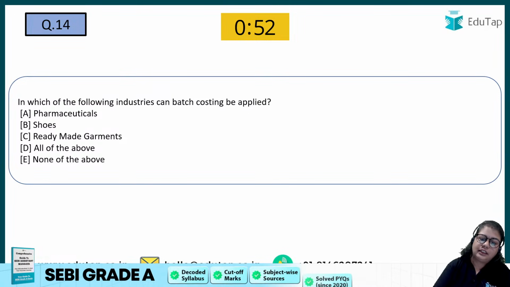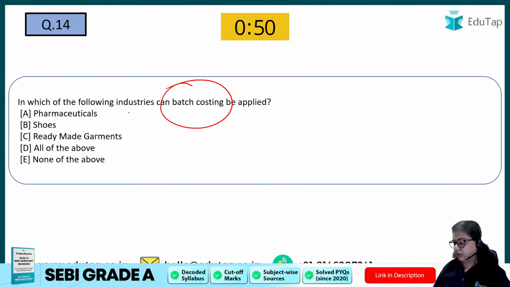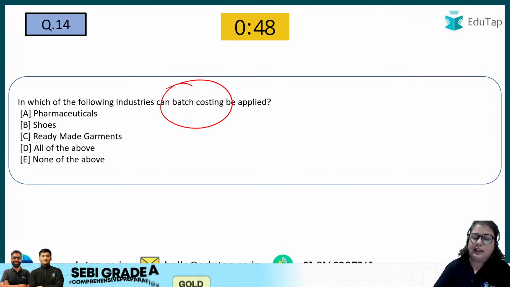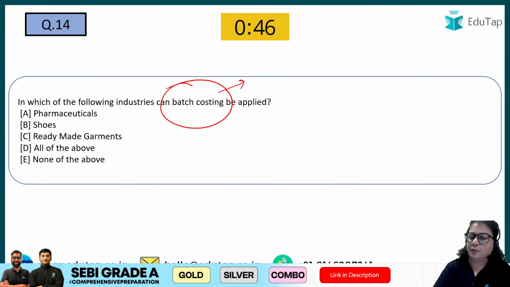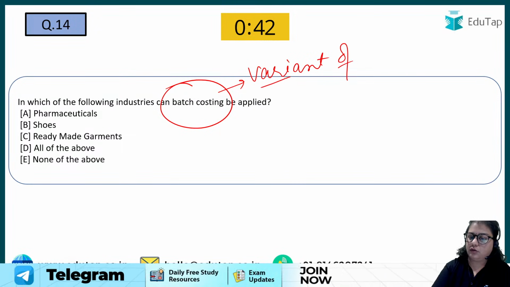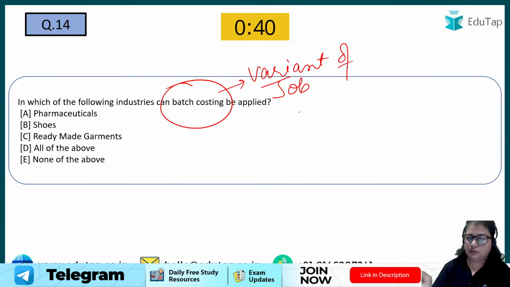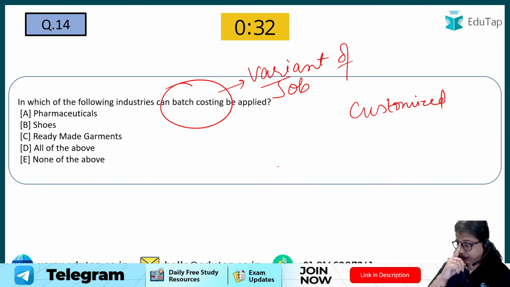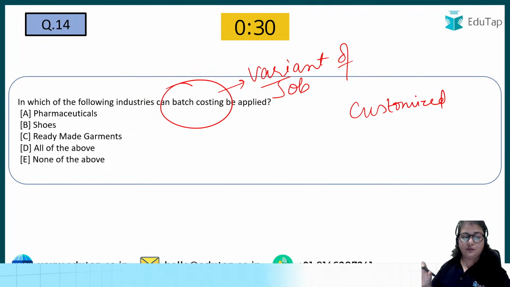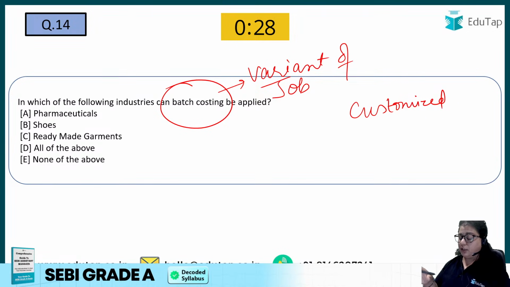Batch costing is a variant of job costing, so the features are more or less the same. Here also customized products are being made, but here we can make them according to batches.